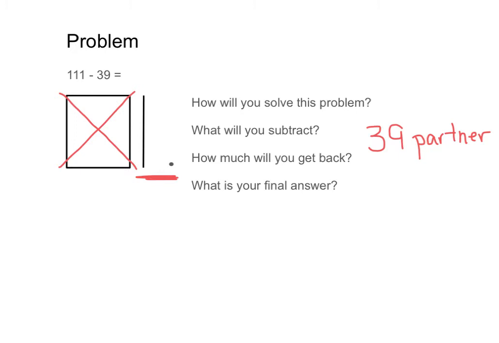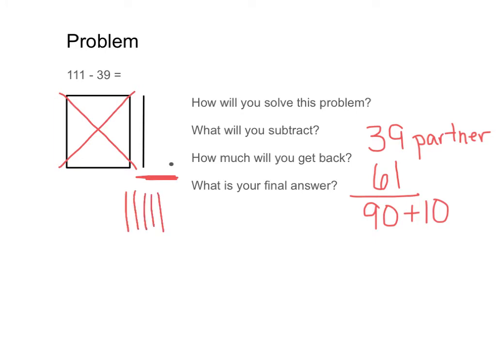Well, 30 needs a 60 to get to 90, and 9 needs a 1 to get to 10. So 90 plus 10. So 39's partner is 61. So I'll draw a 50, and then I'll actually draw a 60 up there and put the 1 up there. So my answer is 72.